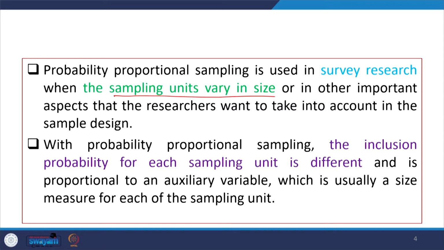Another important aspect that the researcher wants to take into account in the sample design, as well as in the PPS technique: with probability proportional sampling, the inclusion probability for each sampling unit is different and is proportional to an auxiliary variable, which is usually a size measure for each sampling unit.